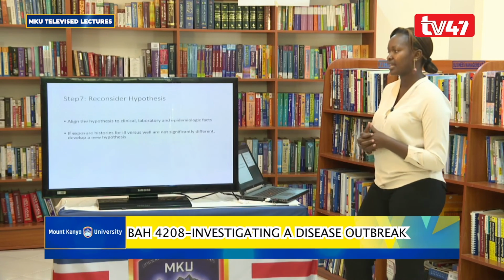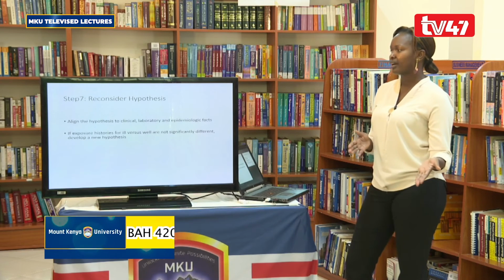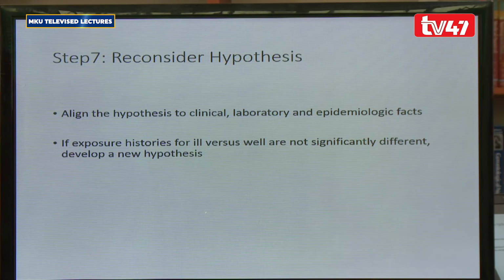You reconsider the hypothesis. You align the hypothesis to clinical and laboratory and epidemiological facts, and if exposure history for the ill, that is the cases, versus the non-ill, that is maybe the controls, does not differ, then you require a new hypothesis.